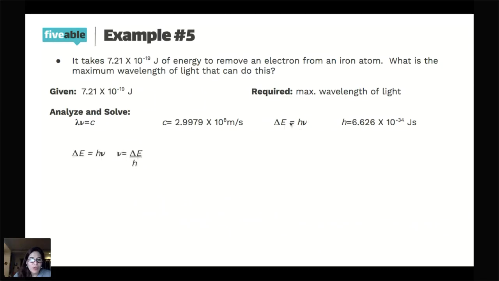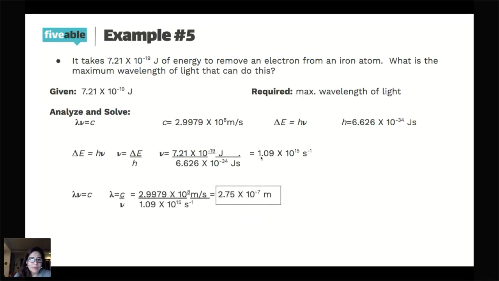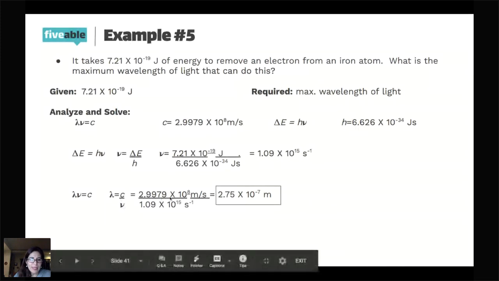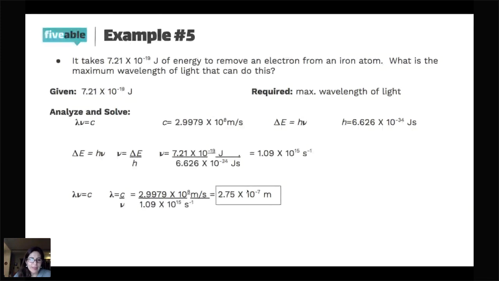We're going to solve for frequency here, and we're going to use the energy given divided by Planck's constant to get the frequency, and then we're going to use the formula of wavelength equals the speed of light divided by frequency to get the wavelength, and that's our answer. Any questions on how to solve this problem?